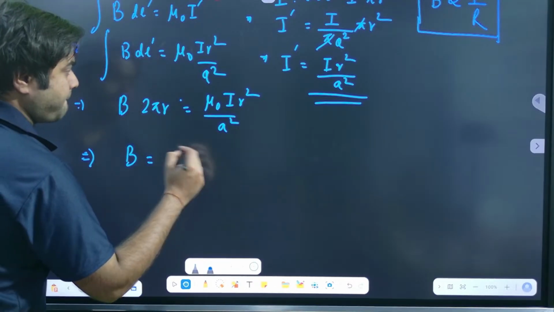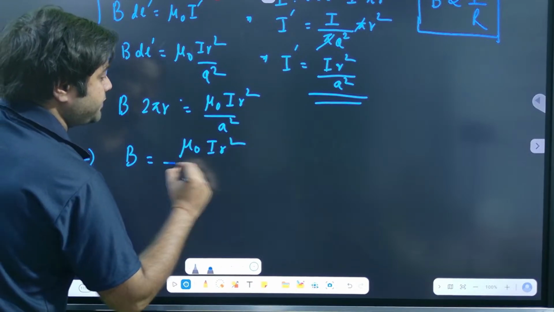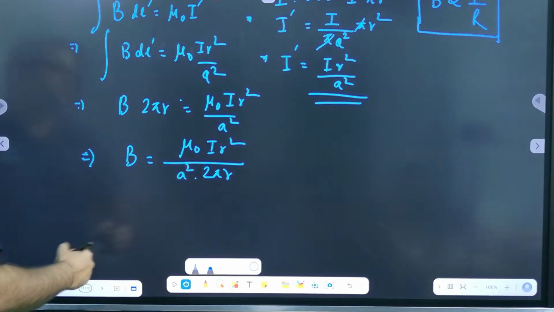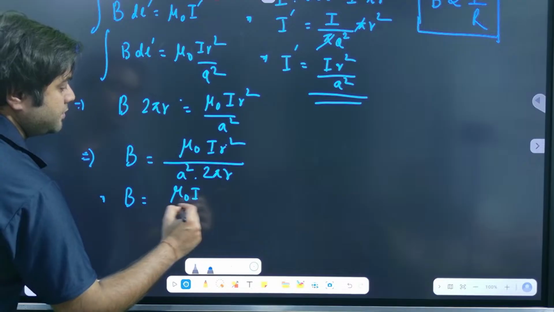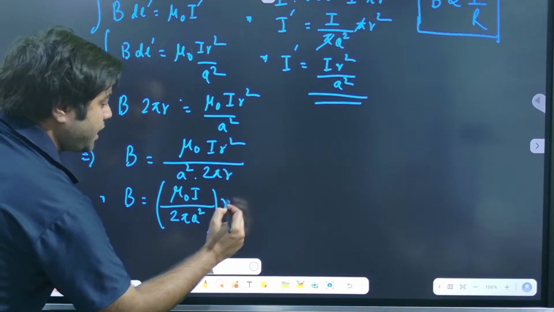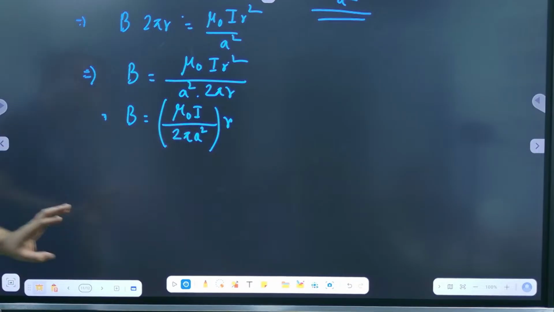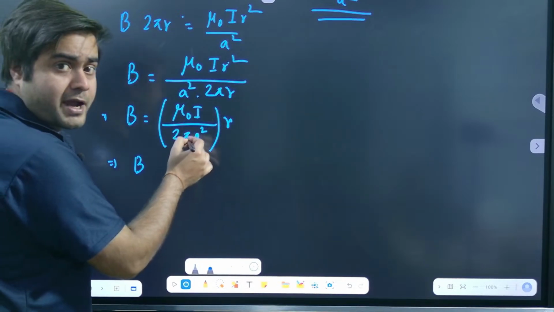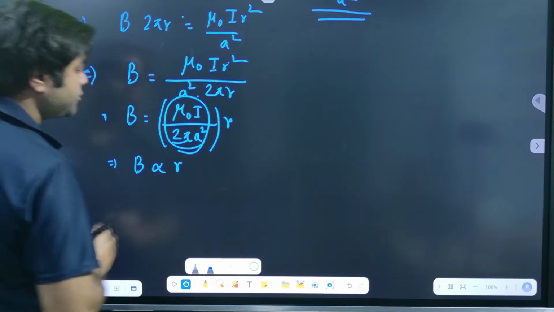So B will be mu naught I r square over a square into 2 pi r, and from this r and r square cancel each other, and we will get 2 pi a square into r. This a is the constant. Here we see the variation. If mu naught, I, 2 pi and a square, all these factors are constants, we can write B is proportional to r.